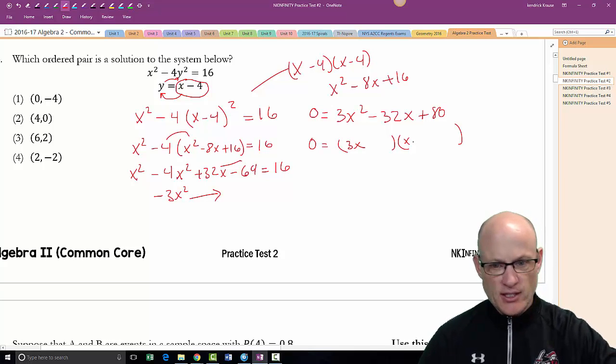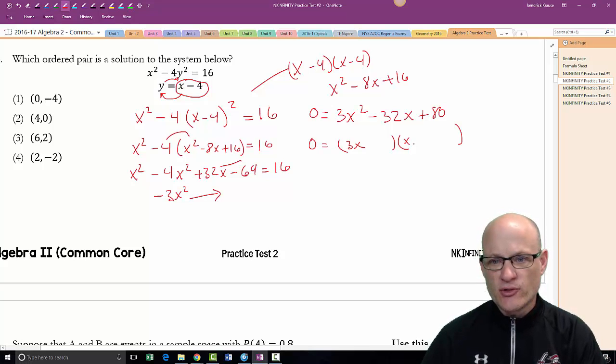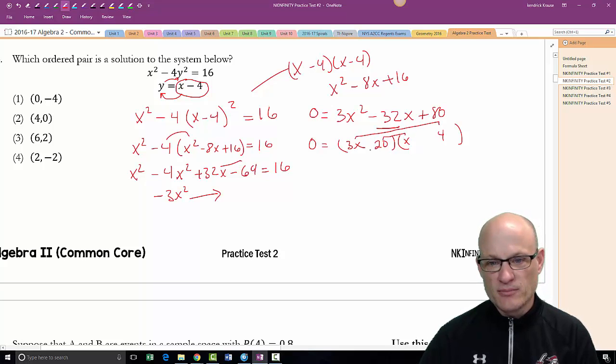Let's see. 4 and 20. I've got to get close to 32, so 4 and 20. Let's try 4, maybe 20. Let's see, that's 12, and that's 20. That's what I thought. Okay, so we've got 12 and 20. There we go. They both have to be the same sign, so they're both minus and minus.